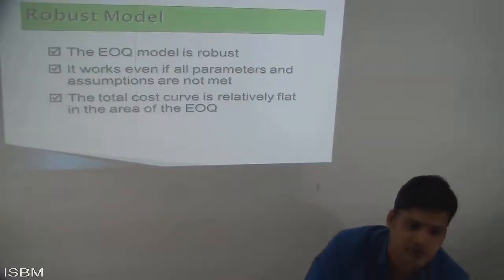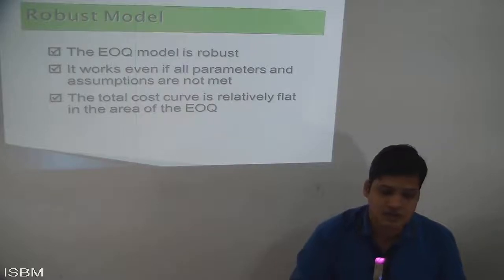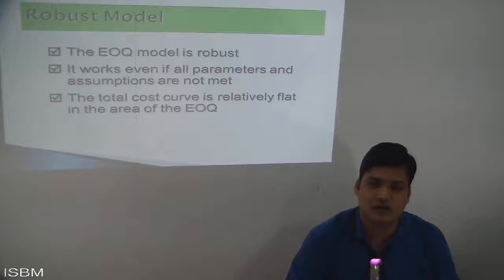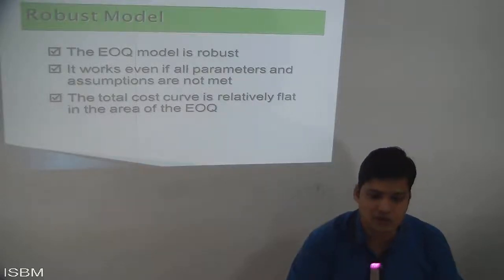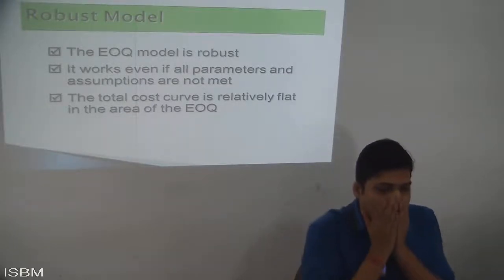So robust model. The EOQ model is robust. It is very robust. It works even if all parameters and assumptions are not met. The total cost curve is relatively flat in the area of EOQ, economic order quantity.